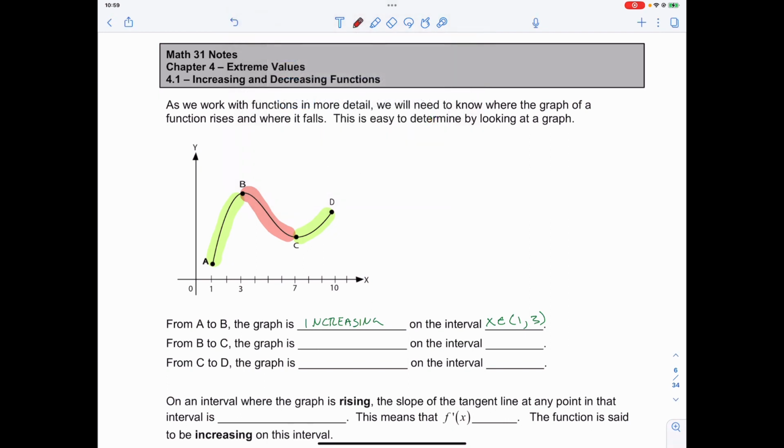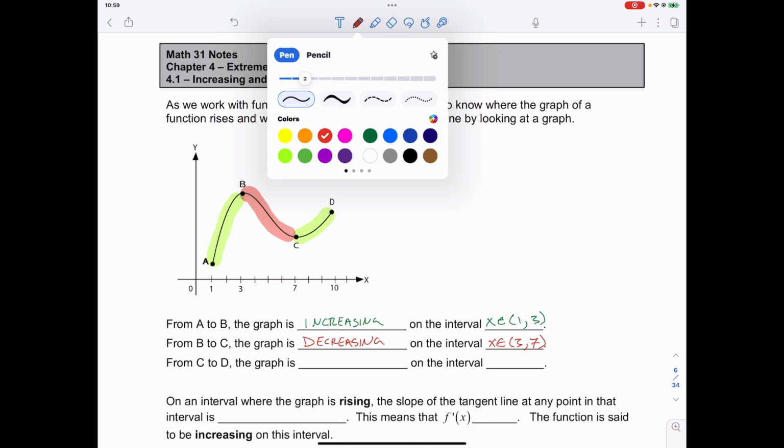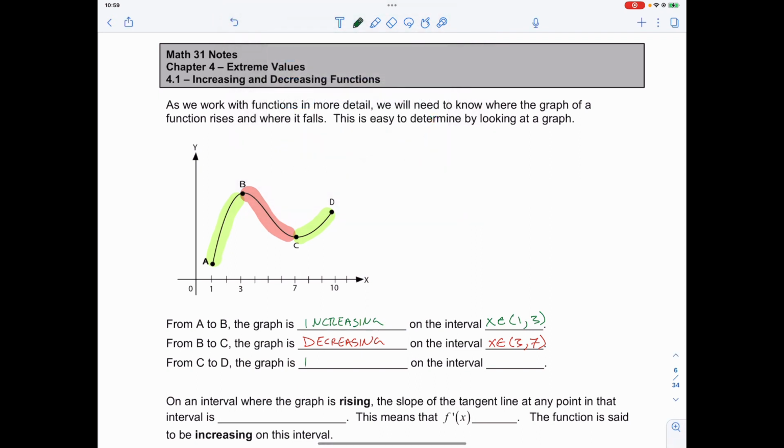It is decreasing on the interval from 3 to 7, and then it is increasing again on the interval from 7 to 10.